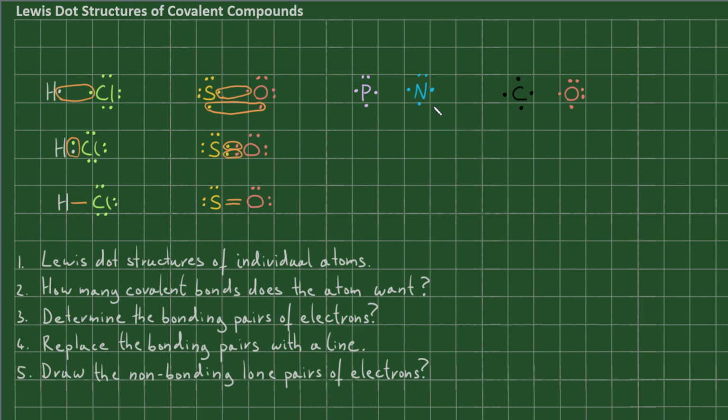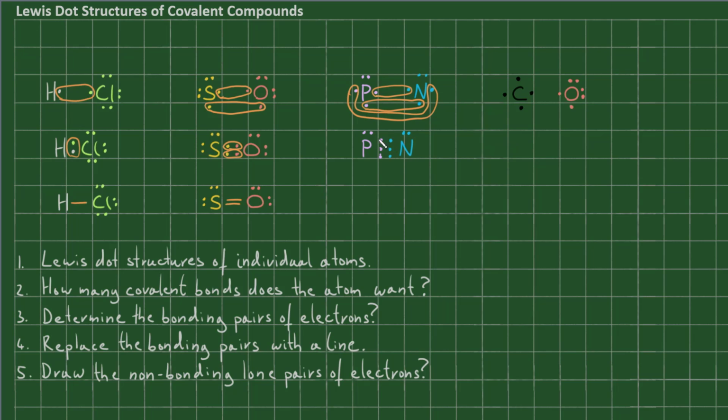Moving on to phosphorus and nitrogen. Based on the number of single valence electrons, both phosphorus and nitrogen would like to form 3 covalent bonds. So I could say that this pair of electrons will be shared, also this pair of electrons will be shared, and then this one as well. So let me just circle them in. Here we go. Again, I'm going to rewrite this in a neater fashion.